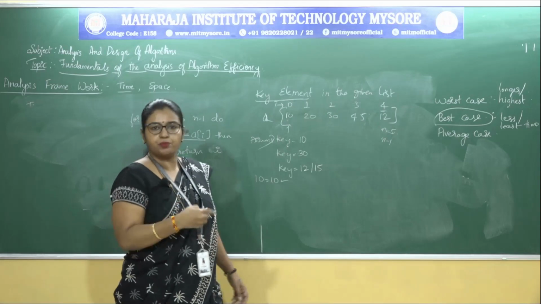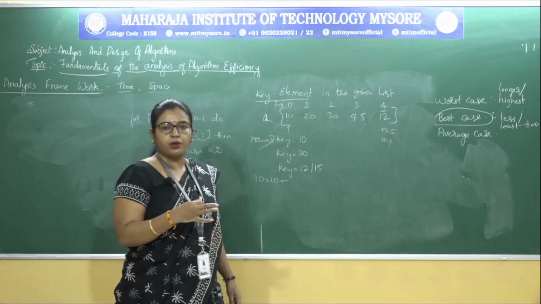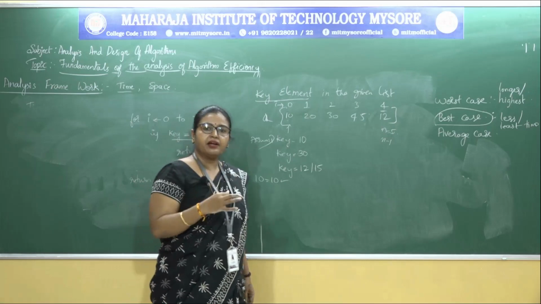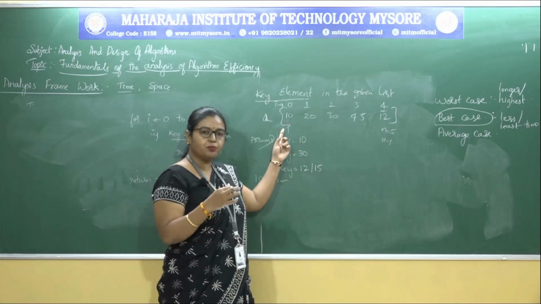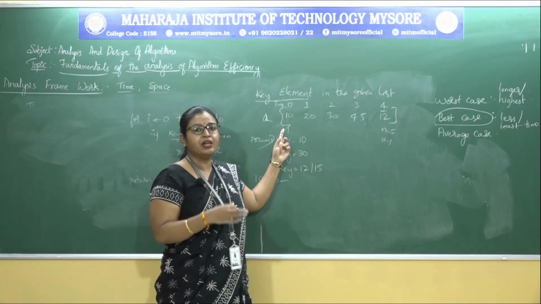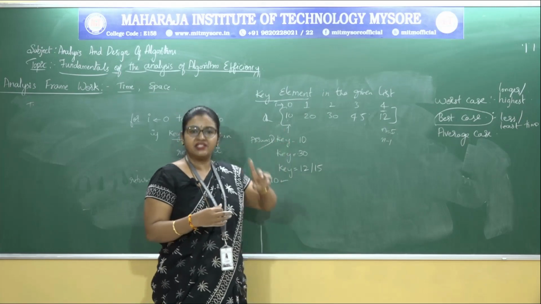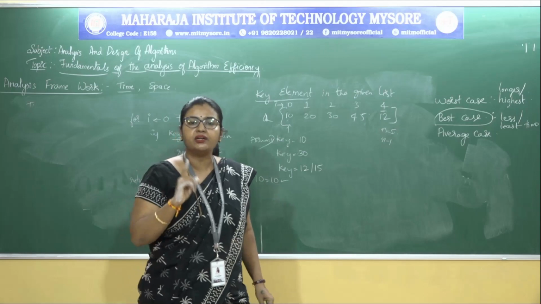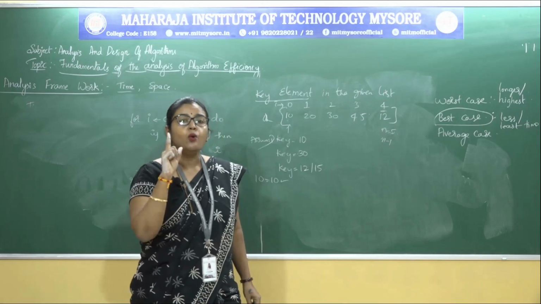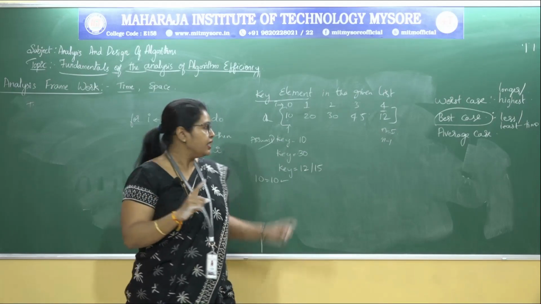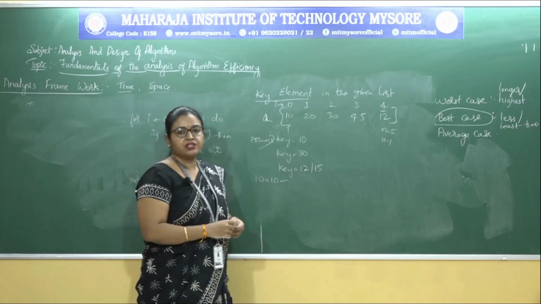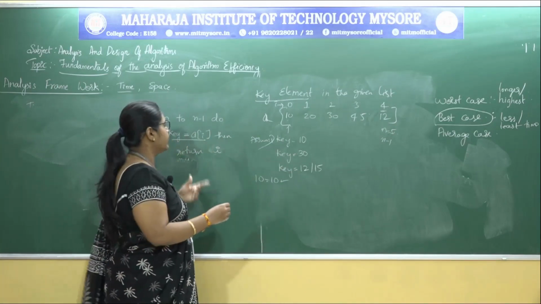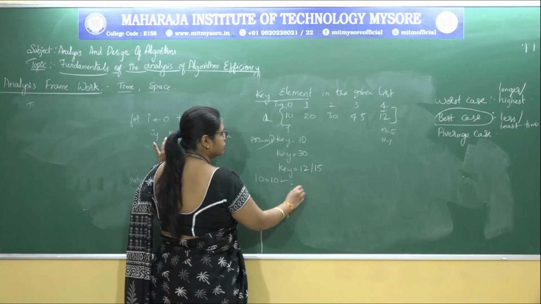In terms of the searching problem, if the key element is found in the first position, it is considered the best case, because the basic operation is executed only one time. Next the key element is 30, so let me find that. The execution starts with I equal to 0.